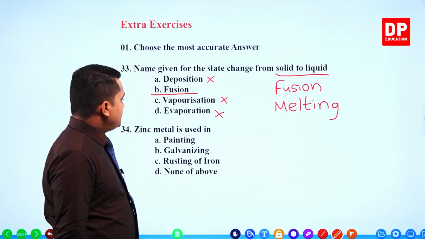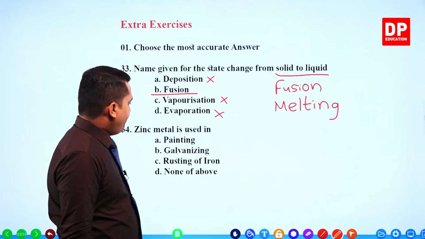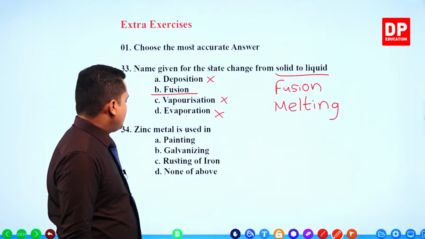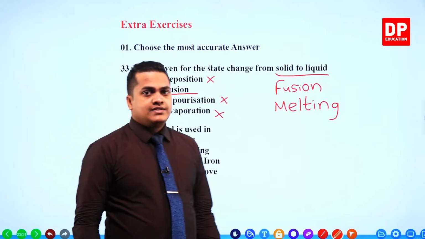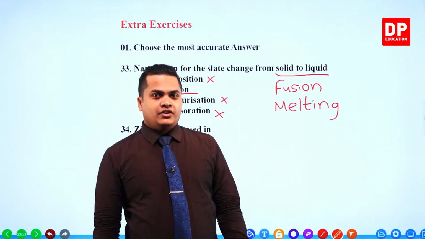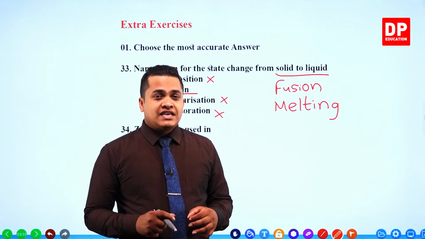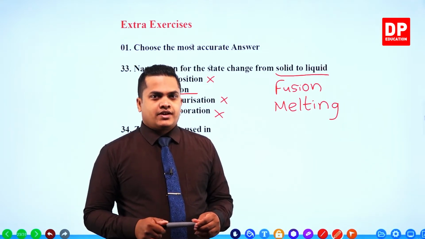Zinc metal is used in painting, galvanizing, rusting of iron, none of the above. So you know that zinc is a metal that we use in day-to-day life for the process of galvanizing, right?